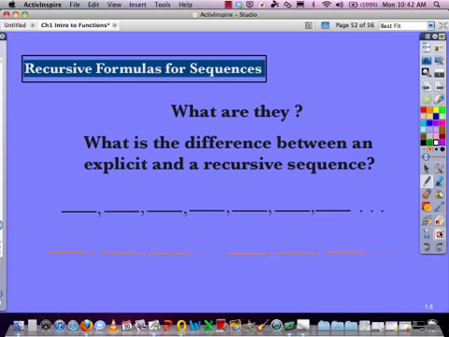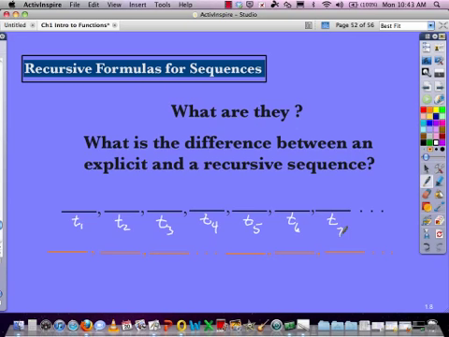Now, as we talk about sequences again, let's review a couple things. We always called the first term in our sequence, whatever it was, t sub 1, then t sub 2, then t sub 3, terms in our sequence, and so on. Now, what if I did something like the second line?